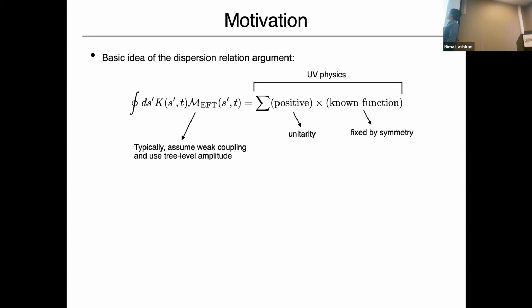But what we do know is that it can always be written in a form like this, where it's a sum of positive numbers times known functions fixed by symmetry. And the reason why these numbers are positive will follow from unitarity. And if you've heard about conformal bootstrap or S-matrix bootstrap, you might recognize that this type of equation is perfectly suitable for using bootstrap methods.